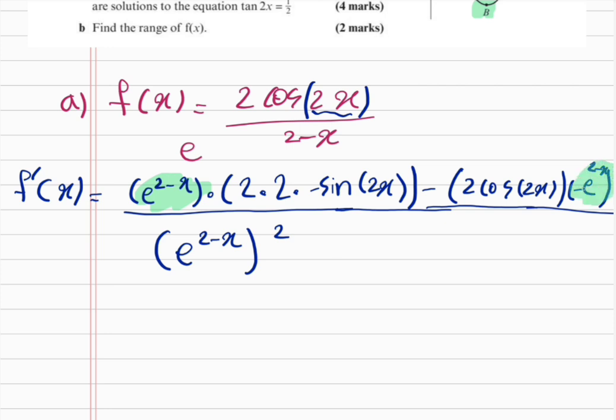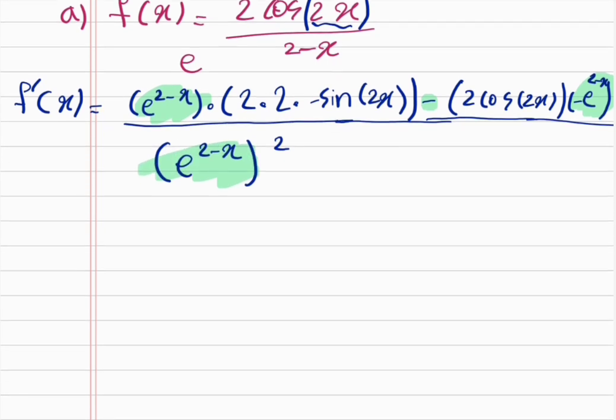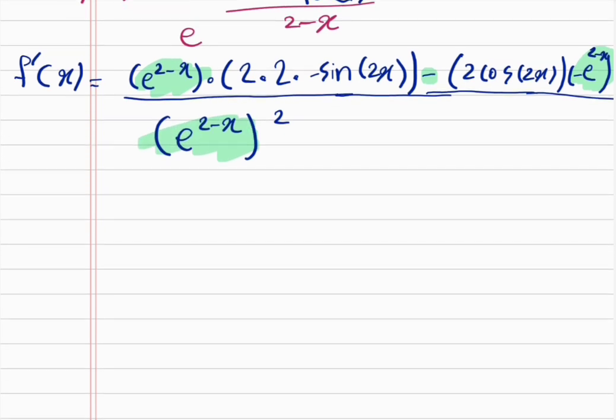This is negative, but it's fine because we can get rid of the negative because we have a negative here also. So that negative with this negative makes positive. That's fine. I will change that in a bit. Also, we have another e to the power of 2 minus x in the denominator, but this one is a square. So let me simplify that so you will see where I'm going with this.